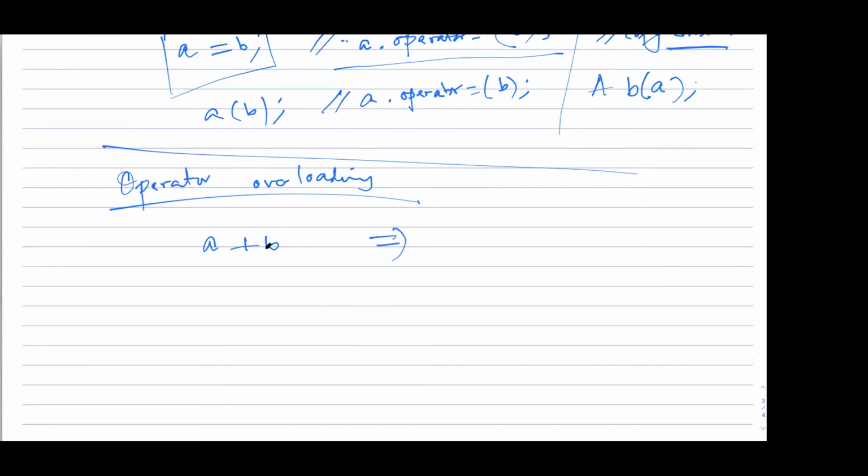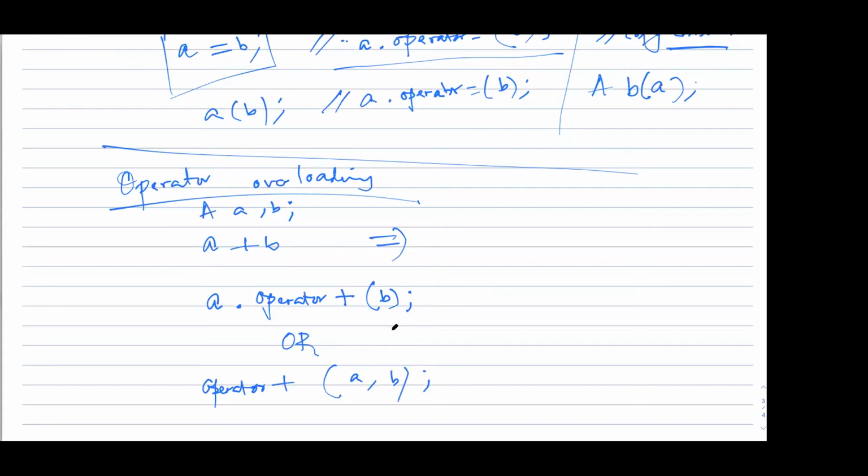This is equivalent to, so A and B here, let's say they are of type class A, right? They are objects of type class A. This is equivalent to writing A dot operator plus, passing in B, or it could be operator plus passing in A comma B. You understand this?